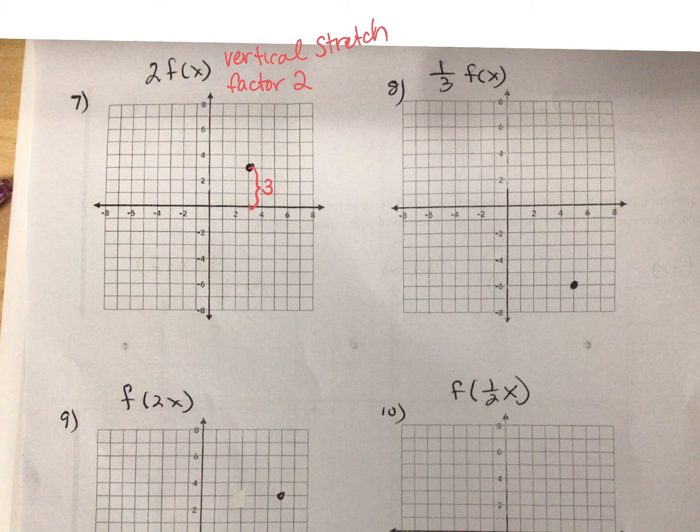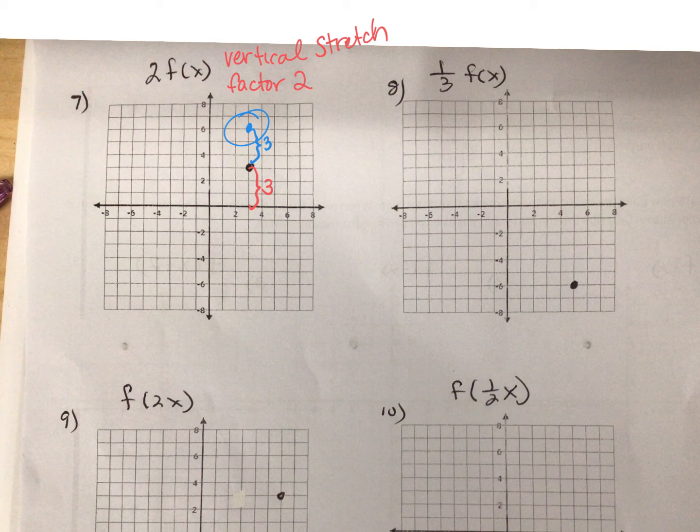Is it added by 2 or multiplied by 2? Multiplied by 2. 6. So we are doubling it by multiplying it by 2. Overall, we have multiplied the distance between the axis and the point by 2. So my new point is up here at 3, 6.